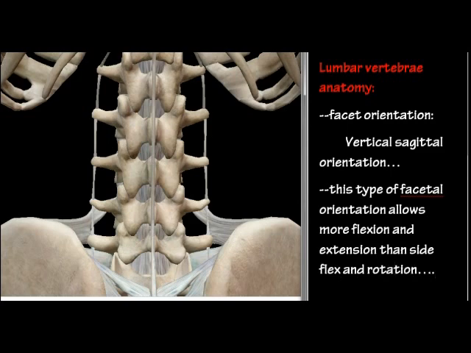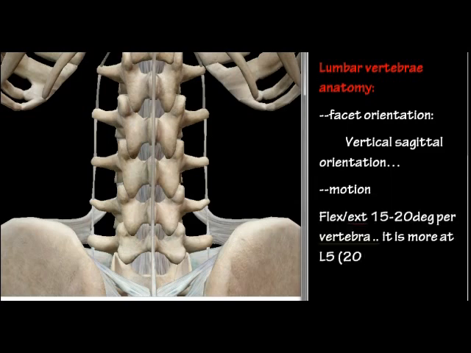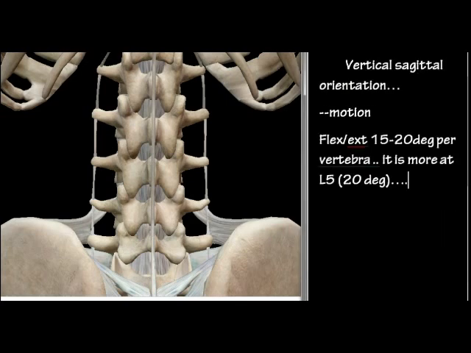Now let's move on to the movements of the lumbar vertebra. It moves flexion and extension at 15 to 20 degree. This motion is more at L5 vertebra, which is 20 degree. The side flexion of each vertebra is 6 degree, which is less at L5 vertebra, that is about 3 degrees.